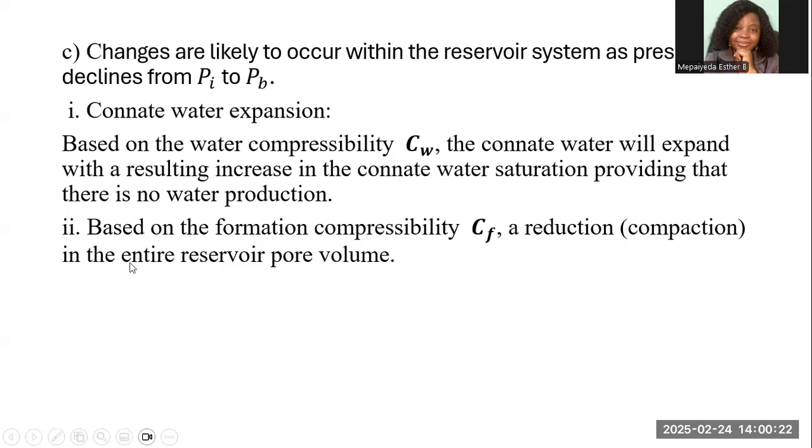And there is also reduction in the entire pore volume as oil is produced and water expansion occurs. So this occurs between your Pi and your PB. You are likely to find one or two more points to add to this in order to understand the physics of your system between the initial reservoir pressure and the bubble point pressure.